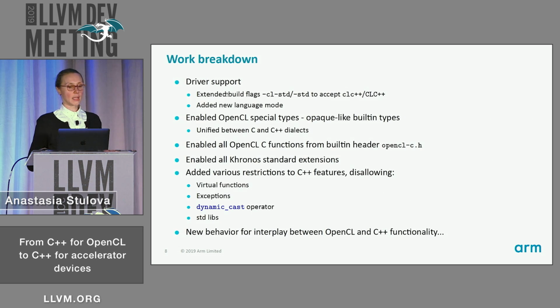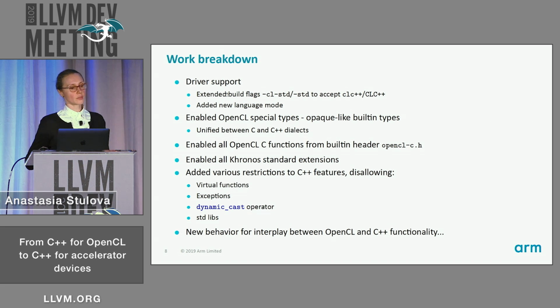Let's look at the implementation in Clang in more detail. So first of all, we had to extend the driver to support new values for the -cl-std flag. We also had to add a new language mode, obviously, and we had to provide support for all OpenCL special types. They're actually opaque-like types with a few exceptions and a few extra bits you can do with them.